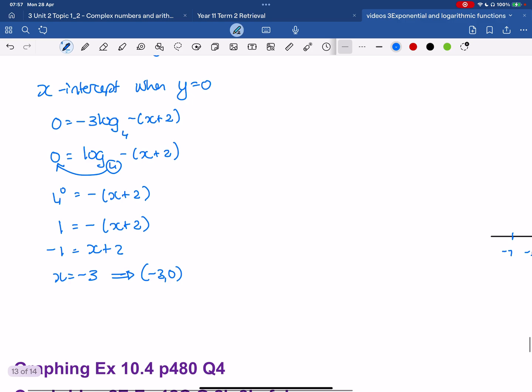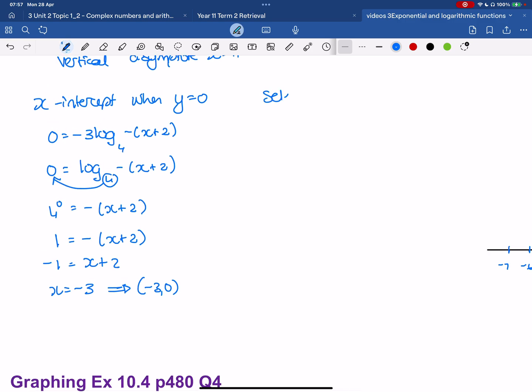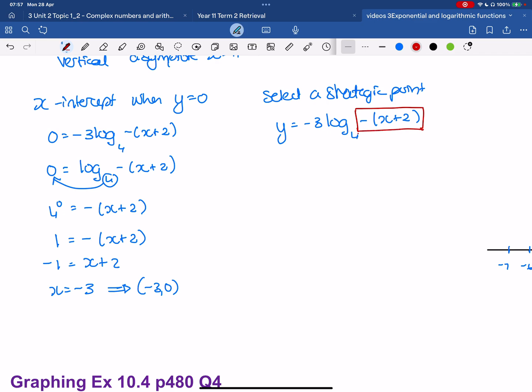Now remember I said we're going to select a strategic point. Our equation is y is negative 3 log base 4 of negative x plus 2. Remember I said, if we can get this thing here to equal my base, then I have a log base 4 of 4, or log base a of a, and that would then mean that I have that equal to 1, and it's really easy to find.